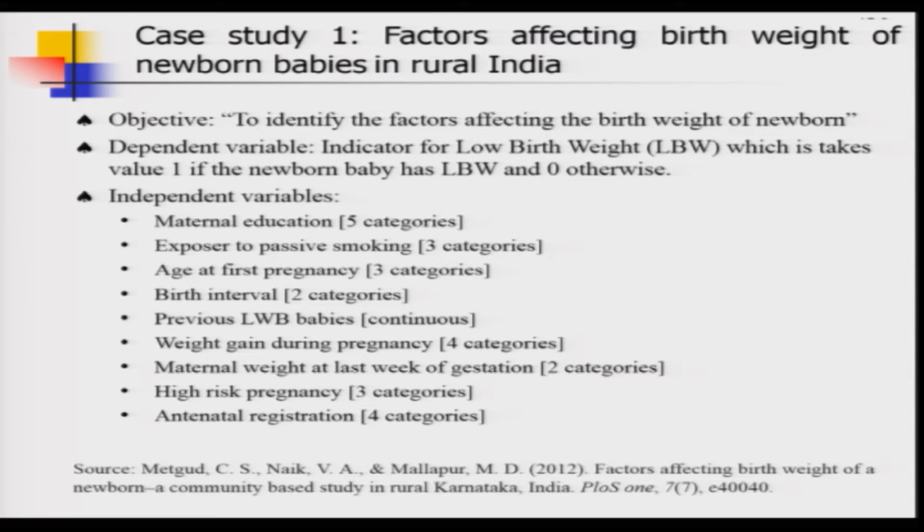Of course there are different categories, and for different categories dummy variables were used to take care of these factors. As we see, there are many dummy variables in the regression model, and that is why it is not possible for us to talk about the effects of all these dummy variables, or to show you the regression result for all those dummy variables.